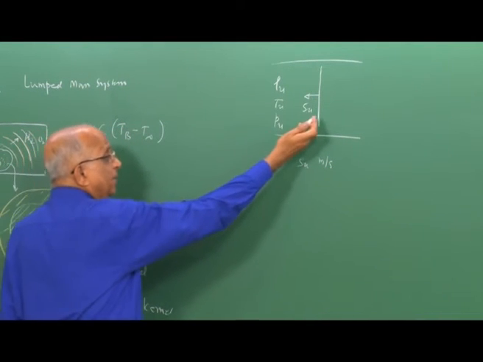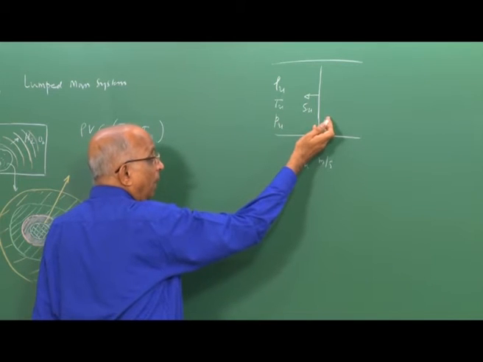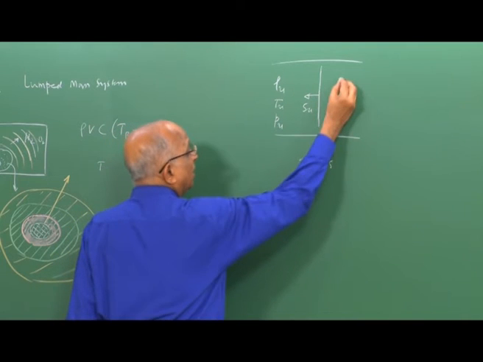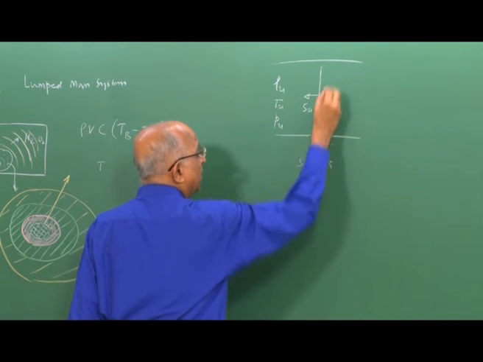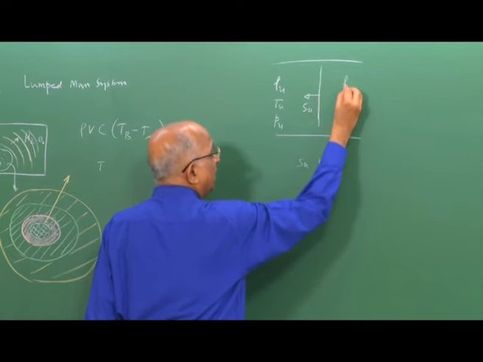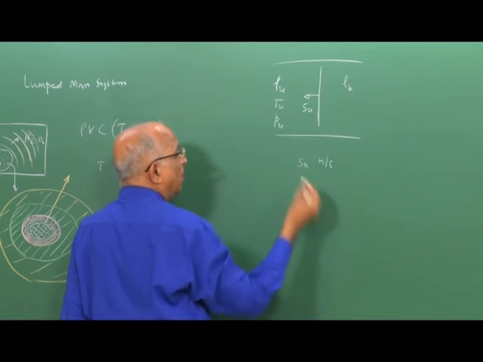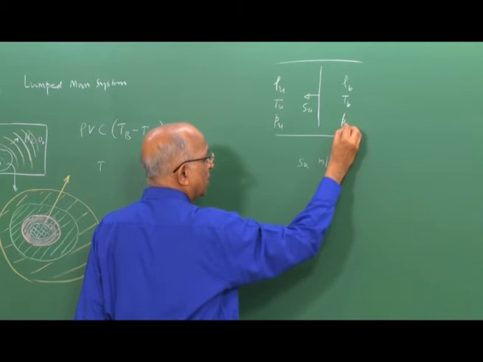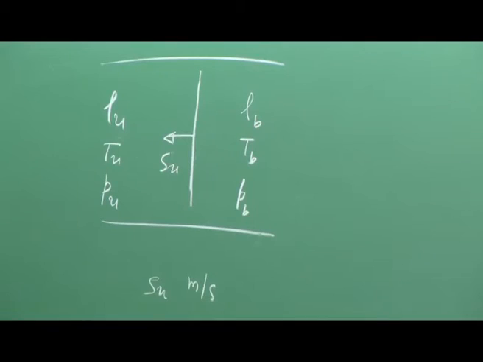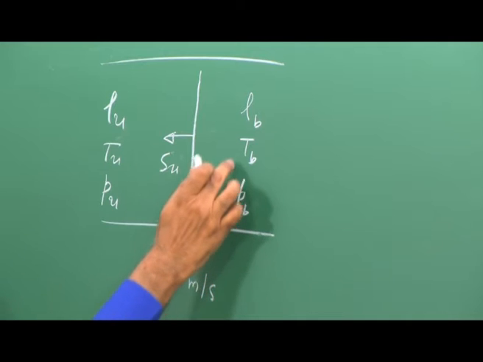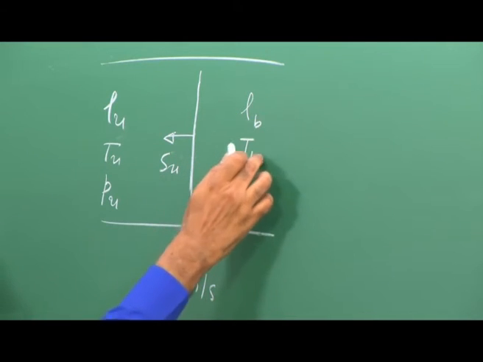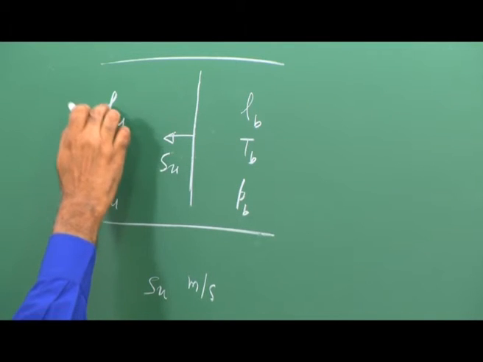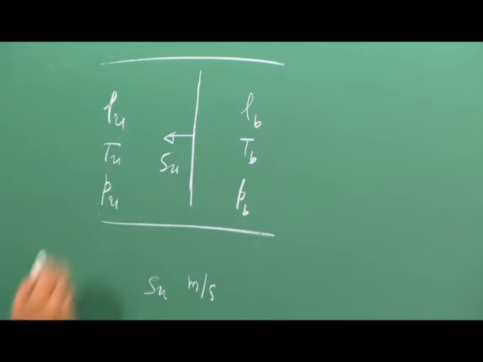What happens behind the combustion front? The gases burn behind it, chemical reactions take place, and the density, temperature and pressure correspond to the burned gases. Therefore the suffix b for pressure, temperature and density corresponds to burned gases, and the suffix u for rho, T and P corresponds to unburned gases.